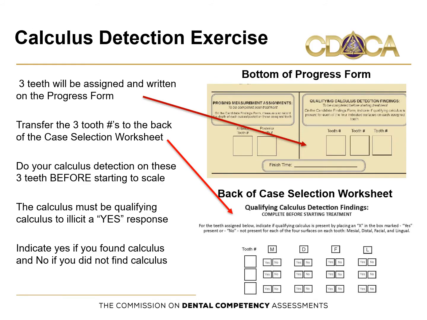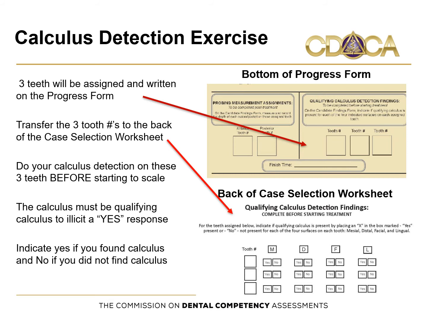The ADEX exam has a separate calculus detection exercise, which is completed during patient treatment. As was just mentioned, at pre-treatment evaluation, the examiners will assign 3 teeth from outside the case selection for you to determine the presence or absence of qualifying calculus. The teeth will be written in the boxes on the lower part of the progress form.